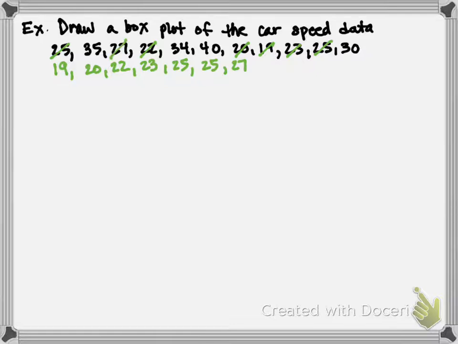So in the 30s, we have 35, 34, and 30. So 30 would come next, followed by 34, 35, and 40 was the last. Okay, now that we have them, we're going to identify our minimum and our maximum.